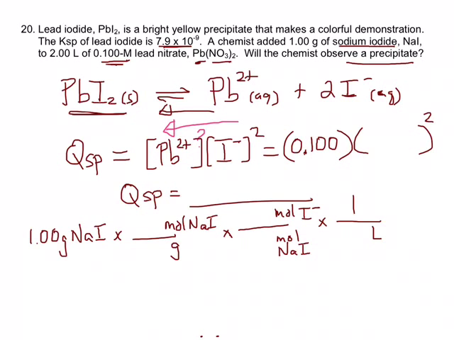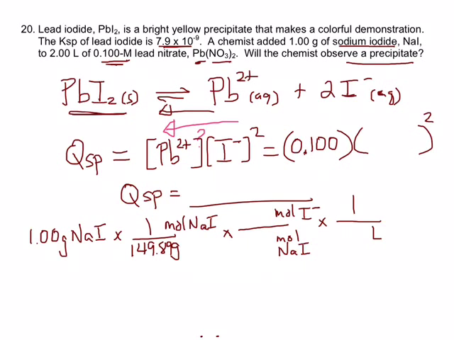So the moles of sodium iodide with grams, that first unit multiplier, is a molar mass. So 22.99 sodium plus 126.9 iodine, 149.89 grams is the molar mass. The second multiplier is based on the stoichiometry of the formula sodium iodide.